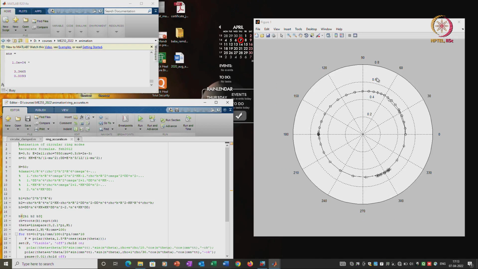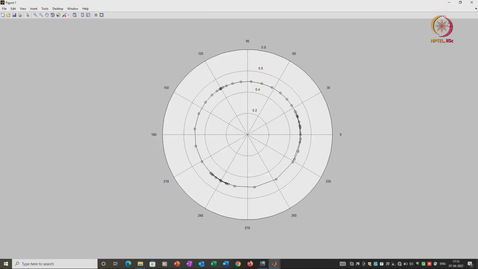I hope you can see what's happening. You can see the N3 movement, like a club. You can see at an instance it forms that. Along with that there is in-plane movement of the particles.